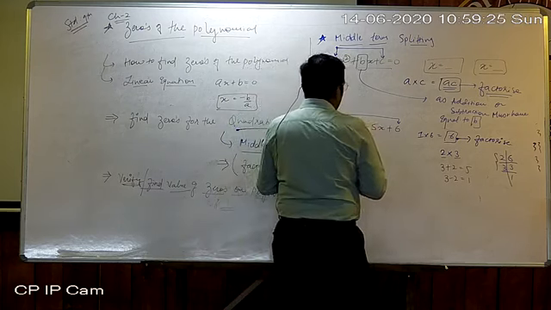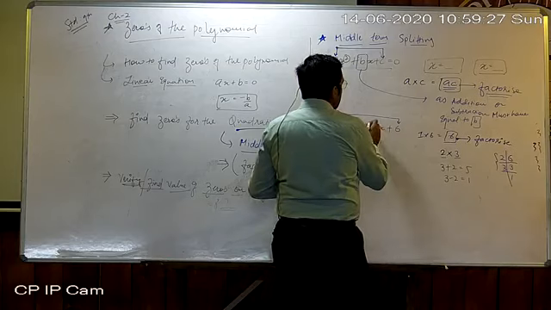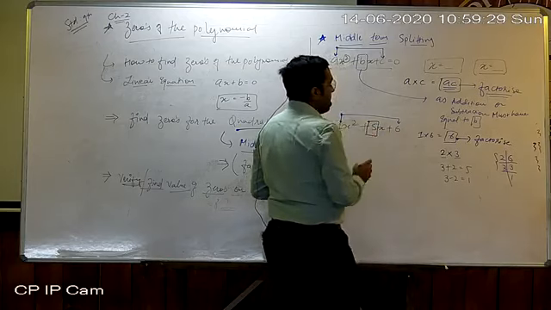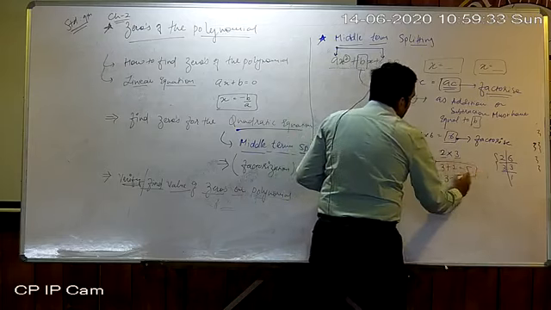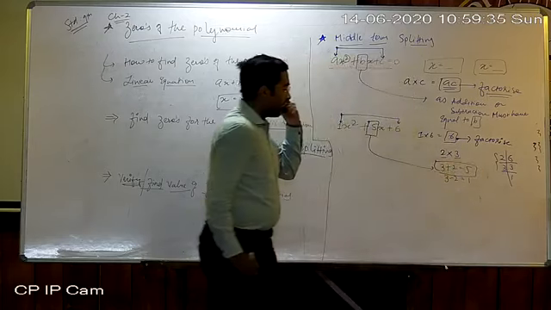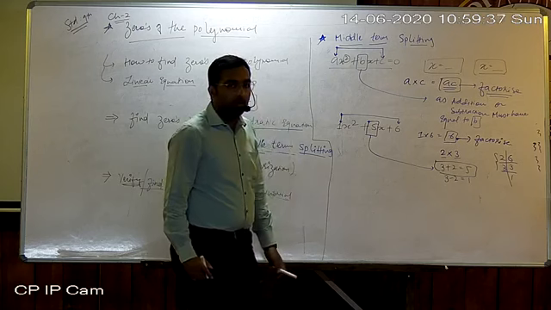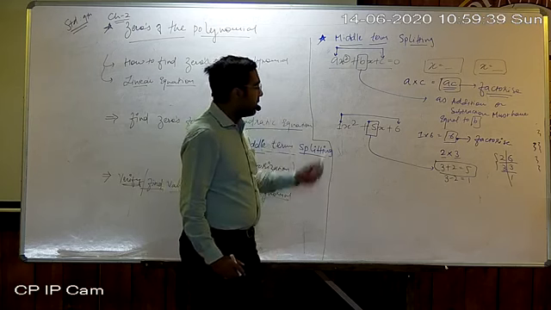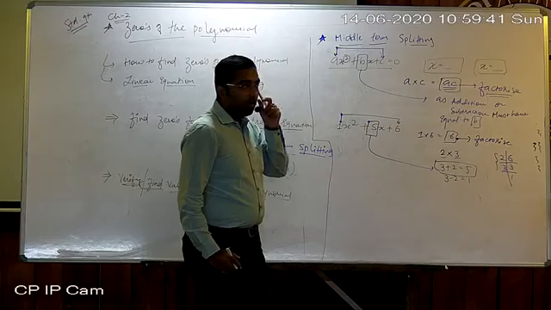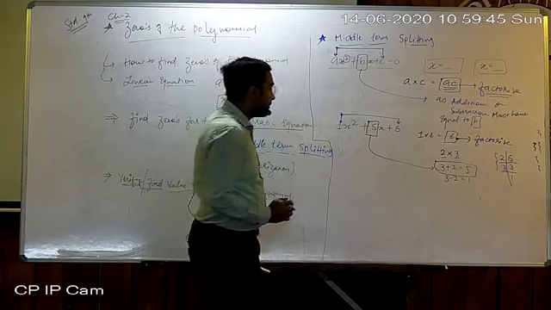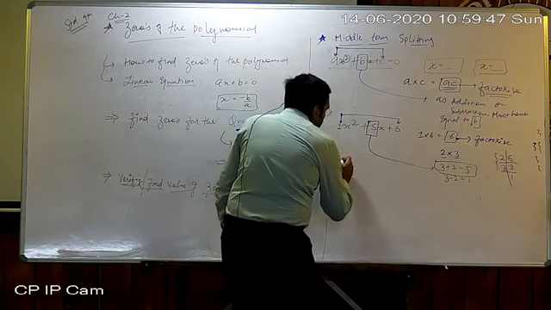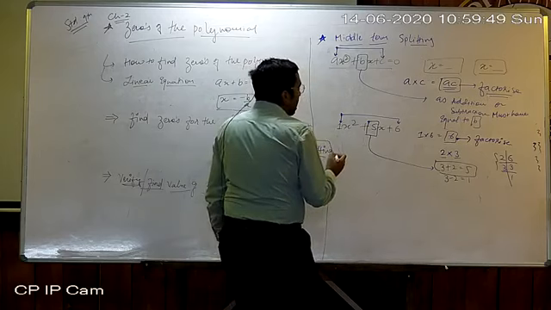So here I want 5 in the middle term. What factors should I take? I take 3 plus 2 to make 5. So I will take these factors, 2 and 3. Now how to write?